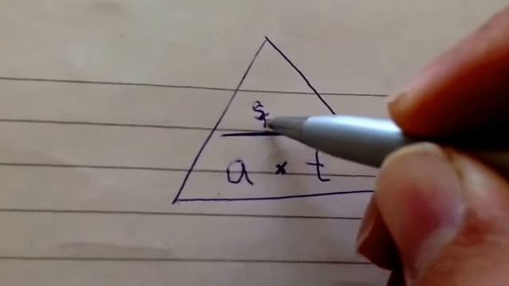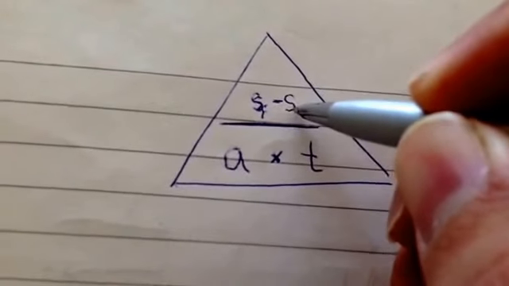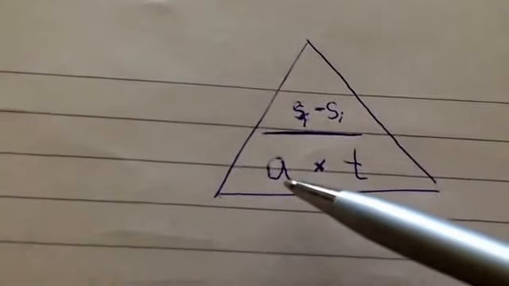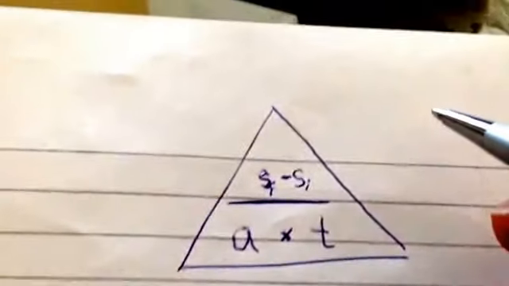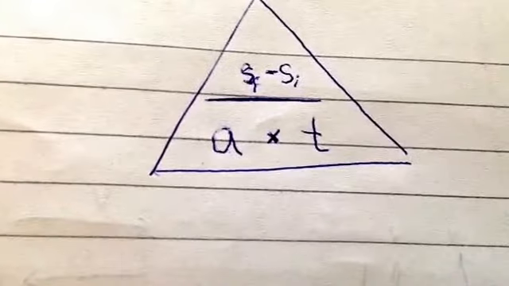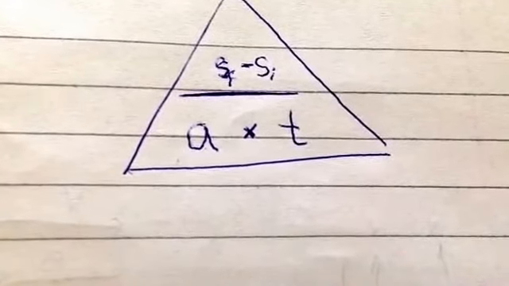Let's say the final speed minus the initial speed. Because remember, acceleration is a change of speed. So we need two speeds to see how much it changes by, divided by the time to know how quickly it changes speed. Because acceleration actually is how quickly something changes speed.